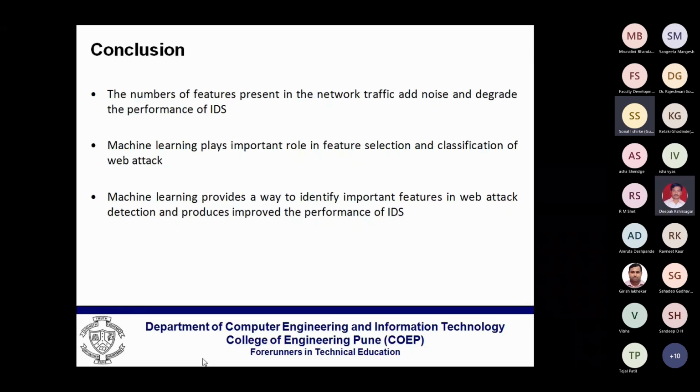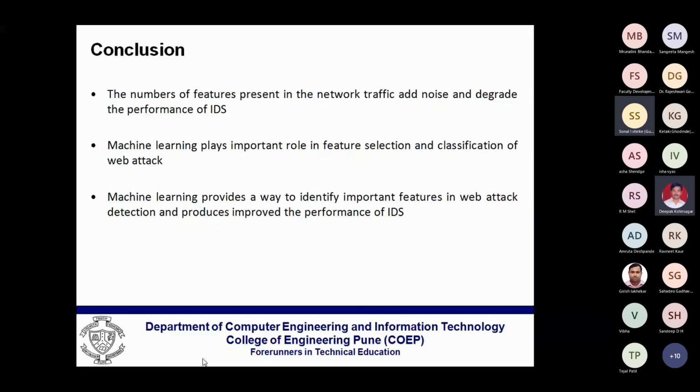Further, we can say that the use of these feature selection methods in machine learning provides a way to identify the important features, or to reduce the features for the specific task that we have performed here, web application attack detection. And as we know, before the feature selection, this was the performance, and after the feature selection, we tested with the J48 classifier with tenfold cross validation.